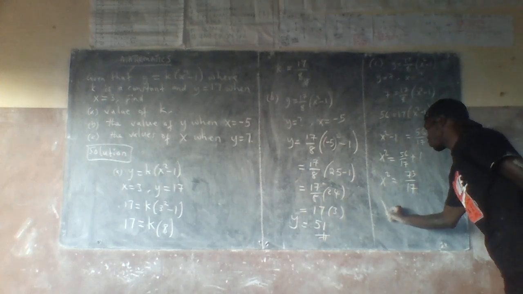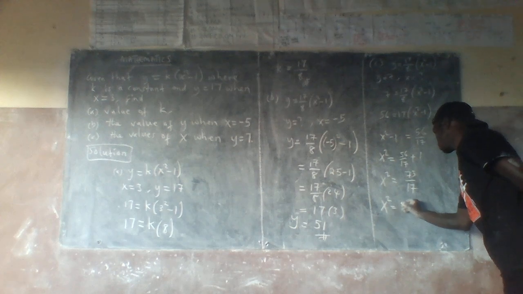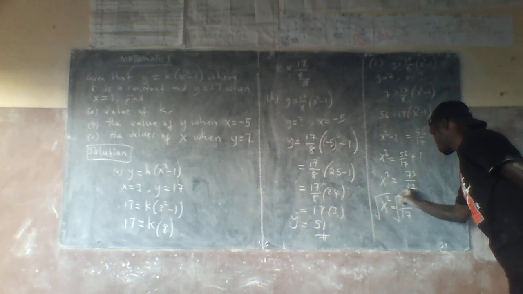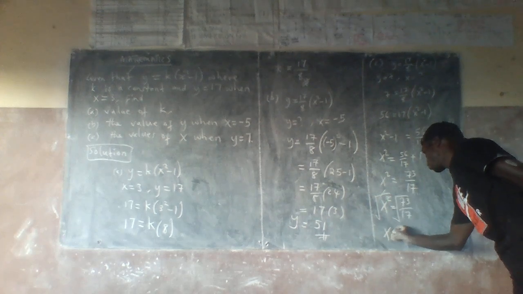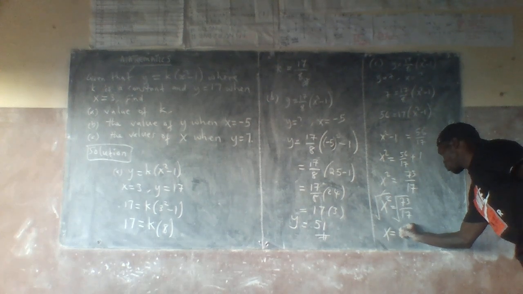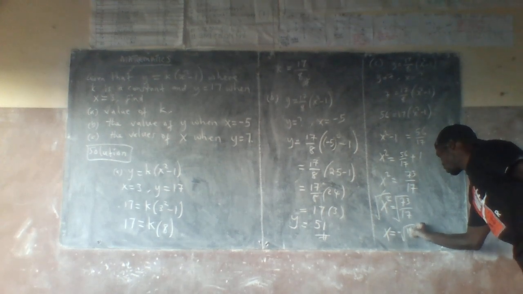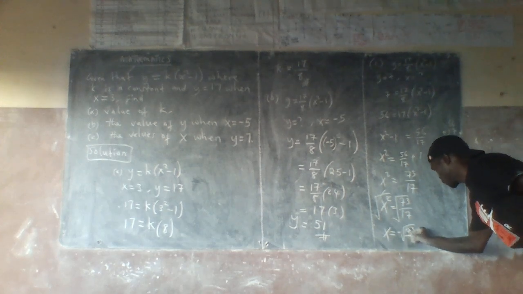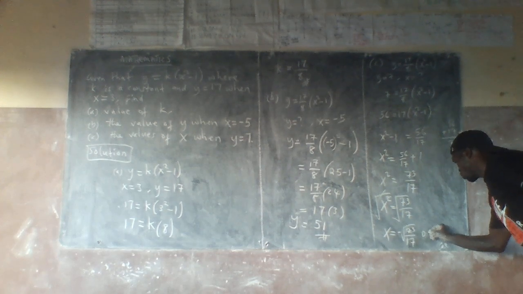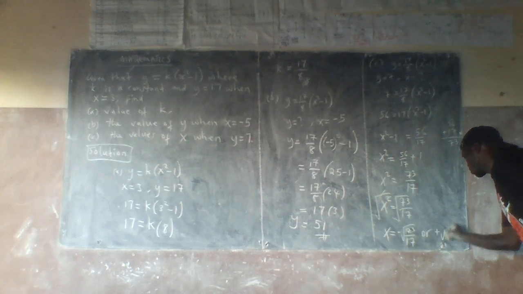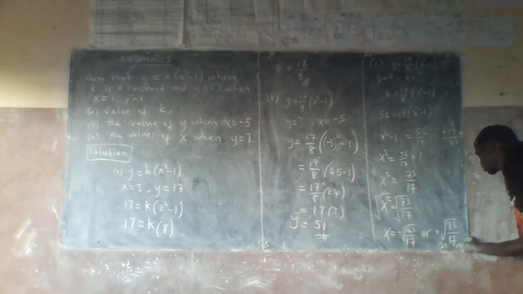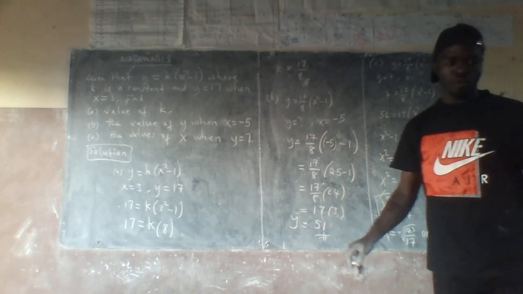This is step 1, not the calculator. Square root, square root. So the two possible values are square root in a negative way of 73 over 17, or the positive way of 73 over 17. So those are the two possible answers.